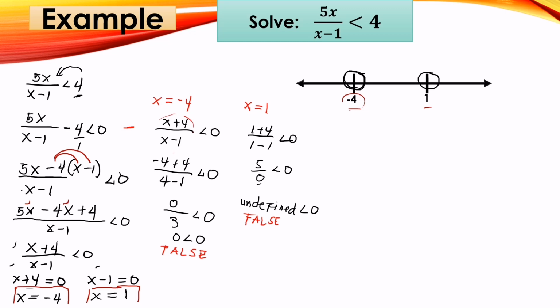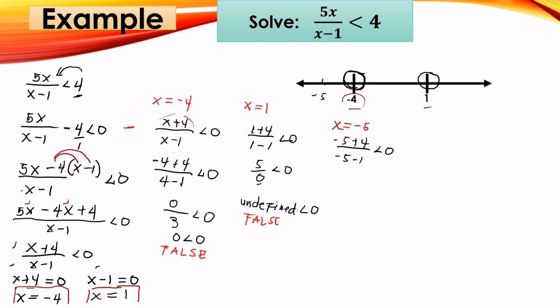Next, after nyo matest, how about on the interval of each values? Tingnan naman natin. For example, this is negative 5. X is equal to negative 5. So, negative 5 plus 4 over negative 5 minus 1 is less than 0.